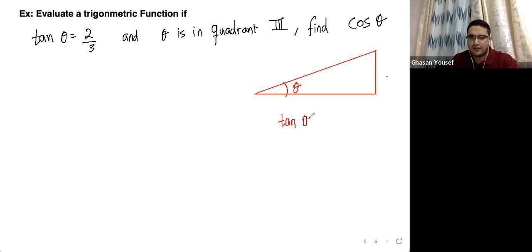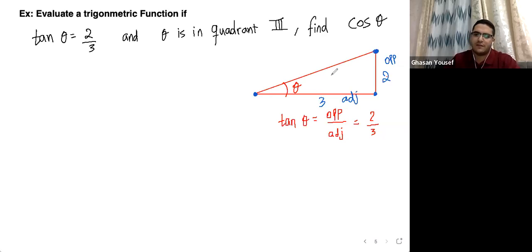Tan of angle equals the opposite over the adjacent, right? Exactly. The opposite over the adjacent equals 2/3. So the distance from here to here is 2, and the distance from here to here is 3, because this is the opposite and this is the adjacent.